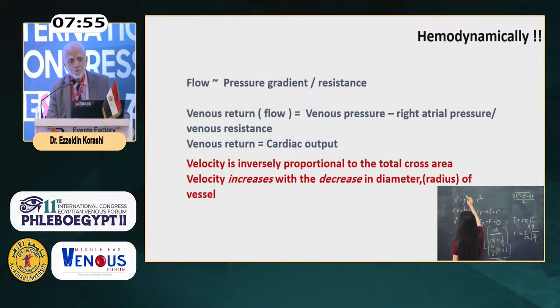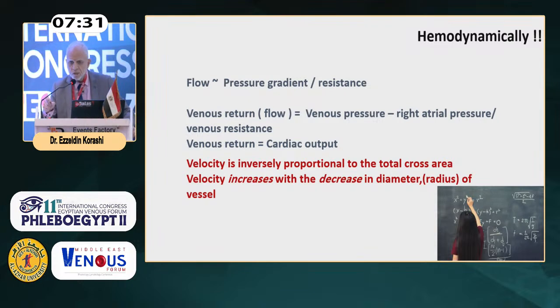Hemodynamically, we know that the flow is actually the pressure over the resistance, or the pressure gradient over the resistance. The more the resistance, the less the flow, as we all know. We have to remember that the velocity is inversely proportional to the total cross area, and velocity increases with the decrease of diameter.